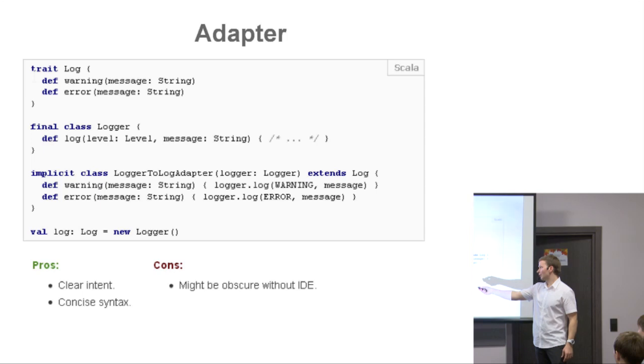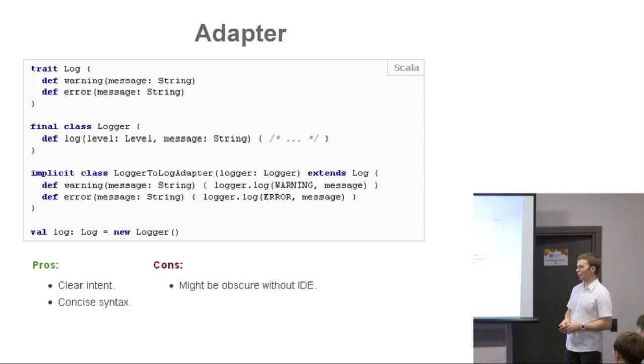We use our logger instance as a log, and all the conversion is hidden from us. That is an advantage on the one hand, because our code is clean and our intent is clear. We know that it is an adapter. But such syntax might be verbose without an IDE because we don't see the conversion.